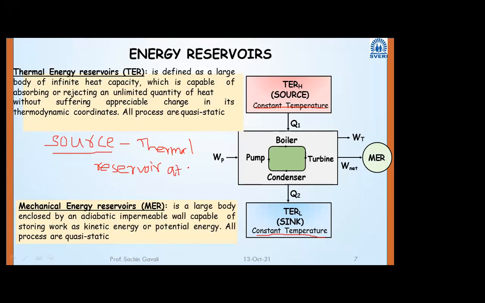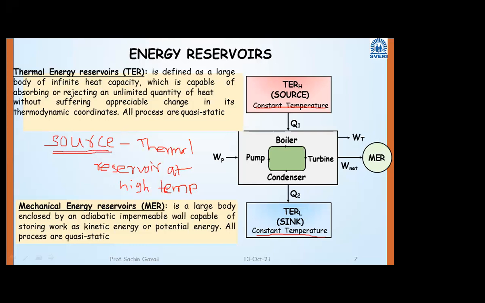Write down in your notebooks. This is the simple definition of source. A thermal reservoir at high temperature is called a source.